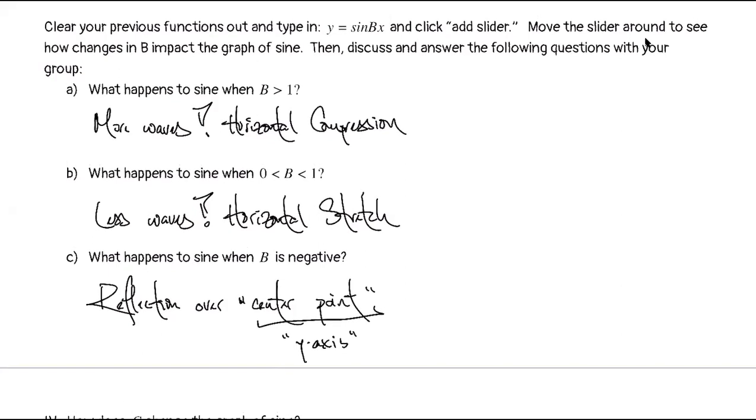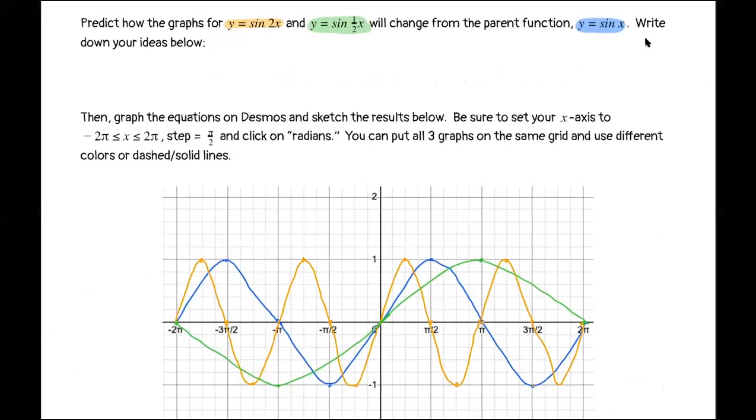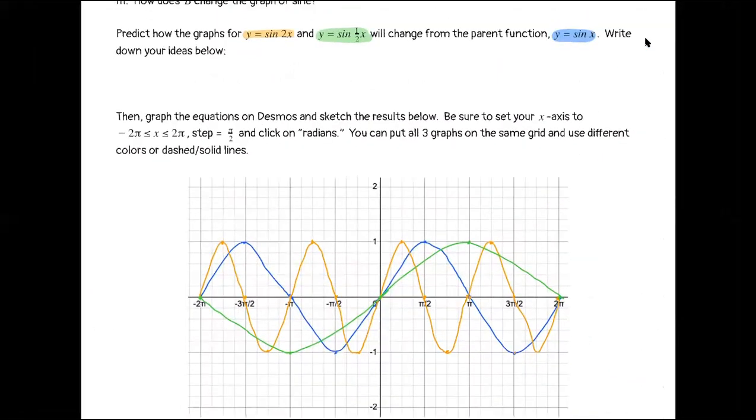All right. But one thing I really want to draw your attention to is that the numbers in the equation actually tell us more than that there's more or less of them. Okay, so specifically in this orange one right here, where it says sine of 2x, this 2 means that there are 2 waves where there was 1.